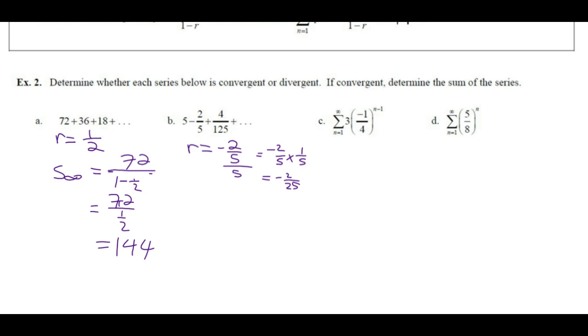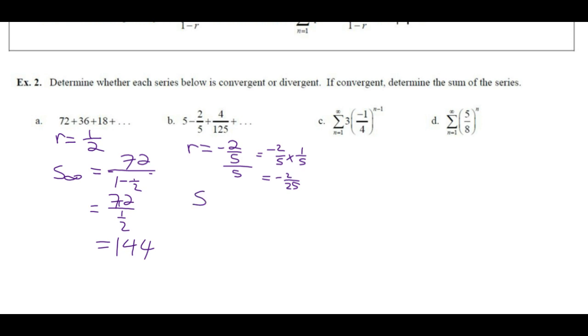Now check that. 5 times this, the 5 cancels down, you get -2/5. -2 over 5, 2 times 2 is 4, 5 times 25, and the sign changes to positive. So it's good. I did it, and then I checked it, and it worked.